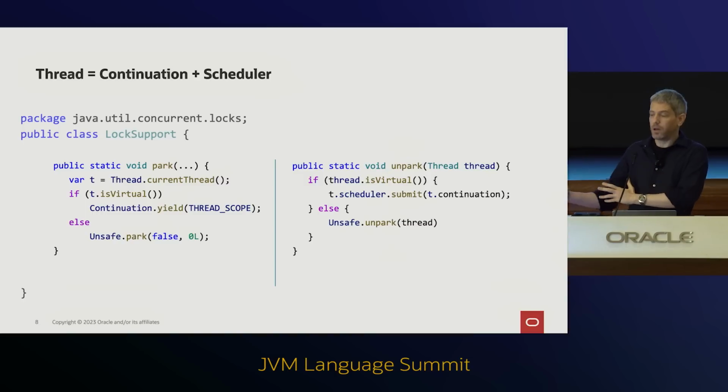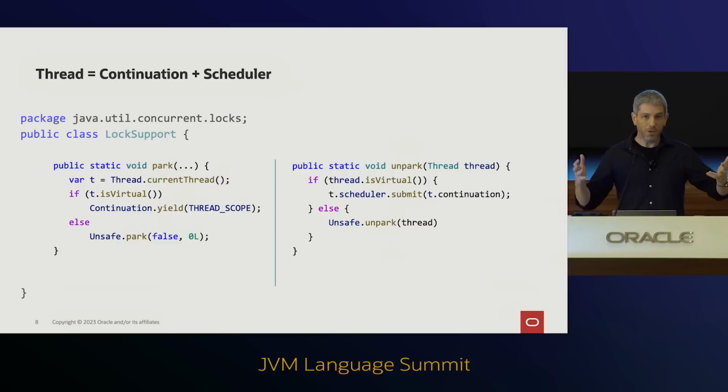When we want to unpark a thread, if the thread is virtual, all we do is we take the virtual thread's continuation and submit it to the thread's scheduler. From the perspective of the scheduler, it doesn't even need to know that it's executing continuations. For all it knows, we've just submitted a runnable.